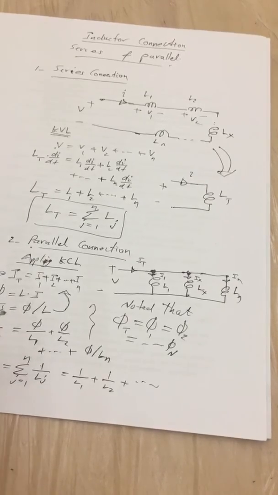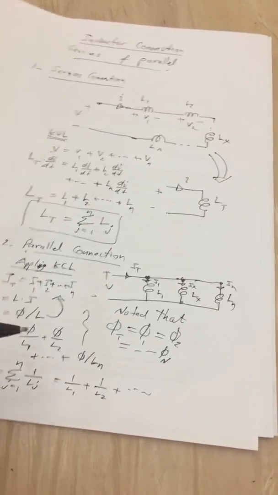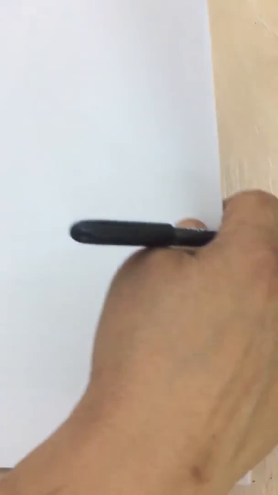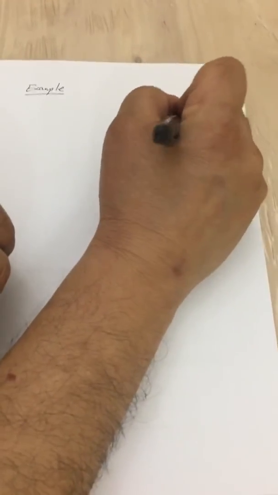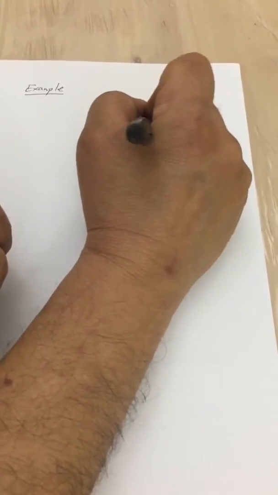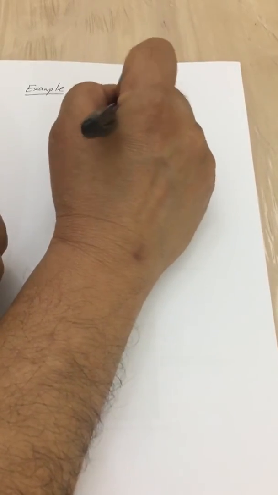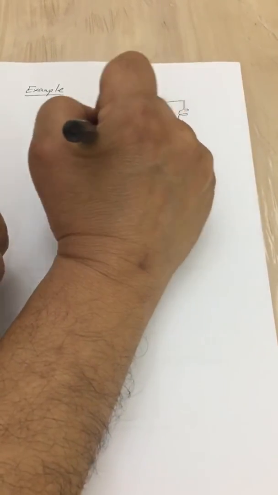capacitors. Let's take an example before we end the inductors. Let's have two inductors connected in parallel and one connected in series.